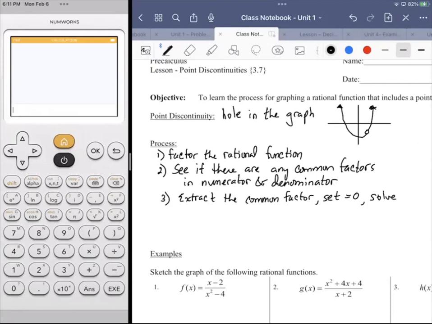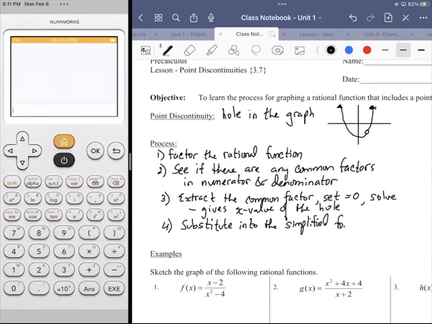This is going to give me the x value of the hole. Then substitute into the simplified form of the rational function to find the y coordinate of the hole.